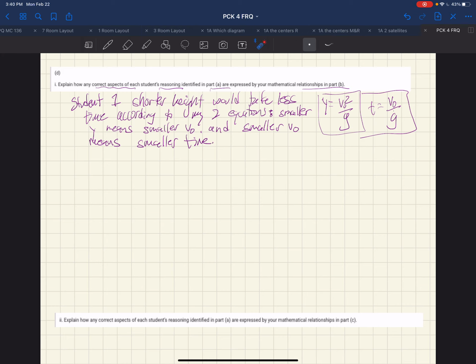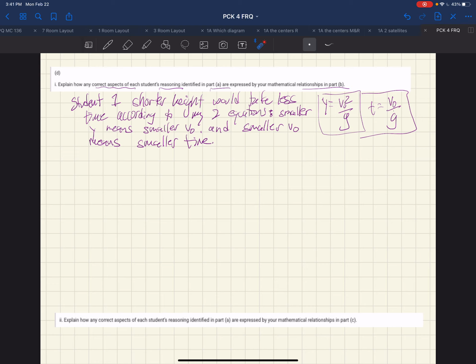So again, if we have a shorter height, that would be the result of changing the v0. The v0 would be smaller, would produce a smaller y. And gravity is gravity. That's not going to change. So that's the first part. And secondly, if we then have a smaller v0, again, gravity is going to stay the same. The time will be less. So that's student one's correct thing.